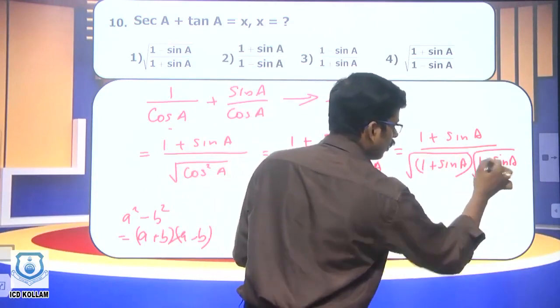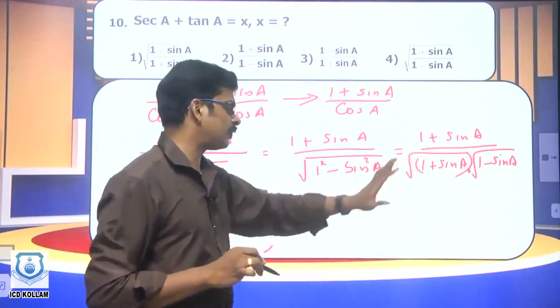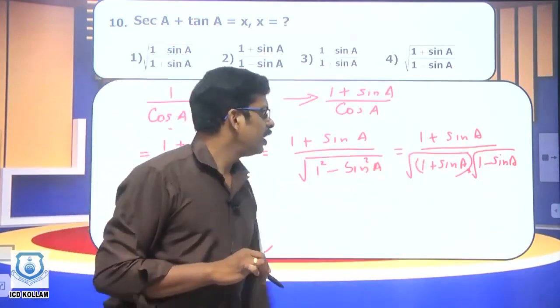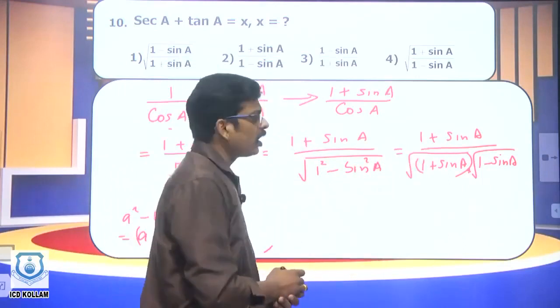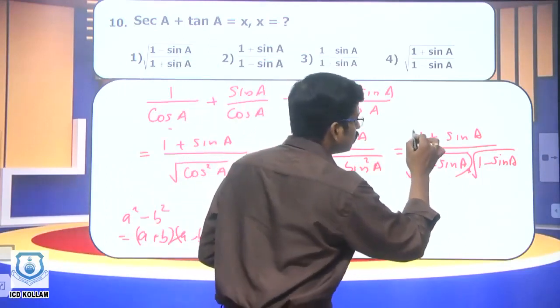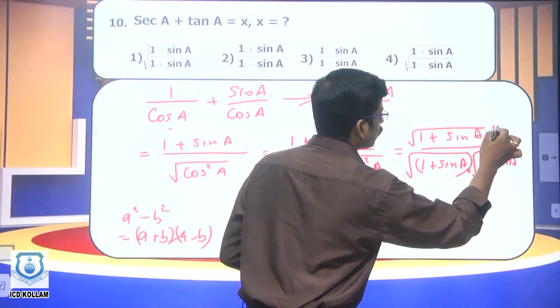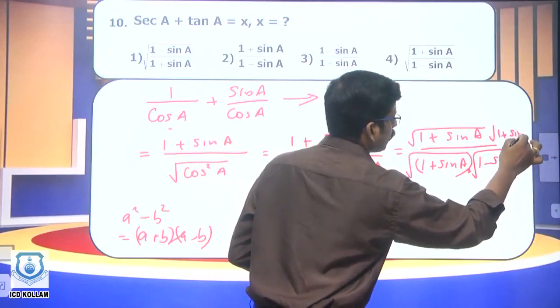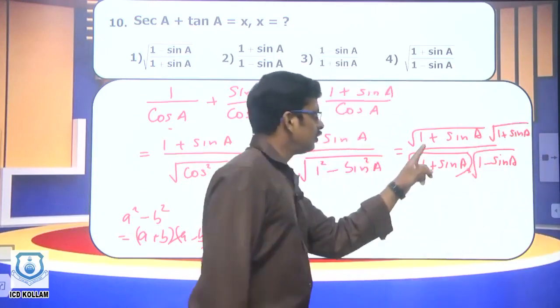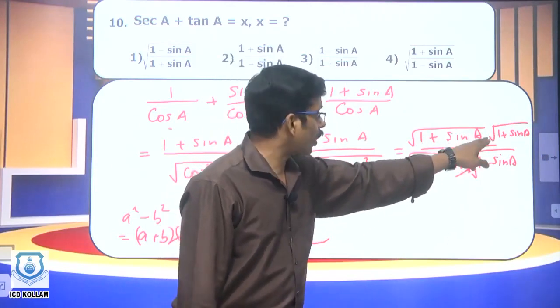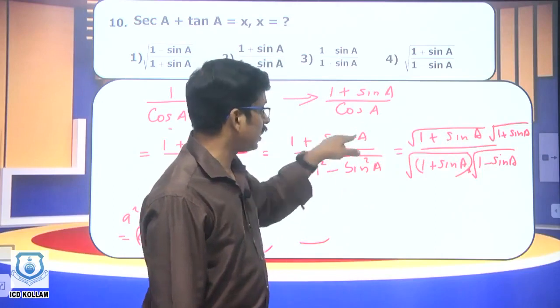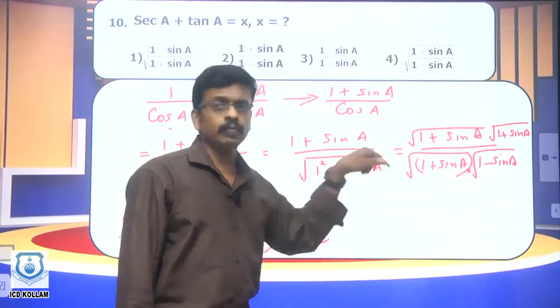We can give it separately or as a single square root. Now 1 plus sin a in the numerator we can say is square root of 1 plus sin a into square root of 1 plus sin a. If two square roots of 1 plus sin a are there, their product will be equal to 1 plus sin a, so I am splitting it into two parts.